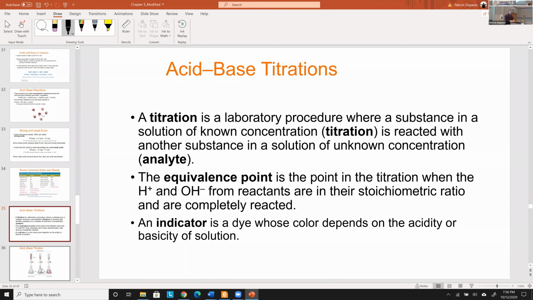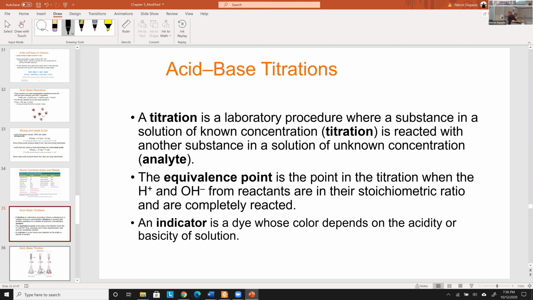There may be cases like this. It's very easy in lab: if you create an acid and you don't know the concentration of it, you can take some of it, do a titration, and see how much concentration is in there. So the way you're going to do this is you're going to keep adding base in very fine amounts, drop by drop, until the acid is neutralized completely.